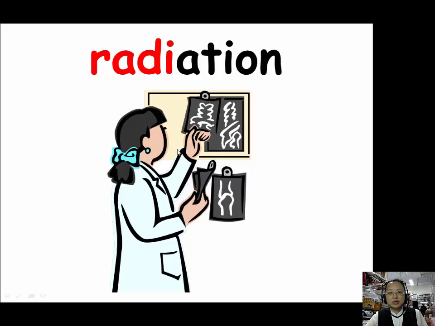So we could use X-rays to take pictures of our inside. And radiation can also mean the process of radiating waves or particles, like the nuclear plant. We use the energy from the radiated particles and transform it into energy, to heat and give electricity.